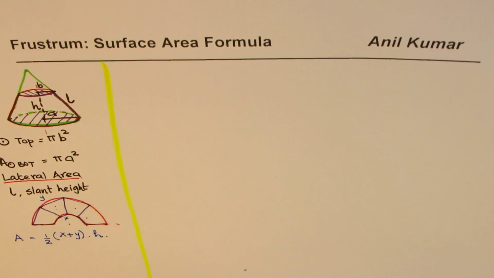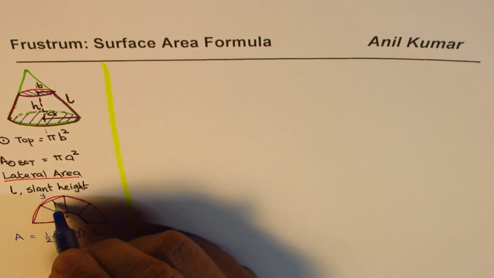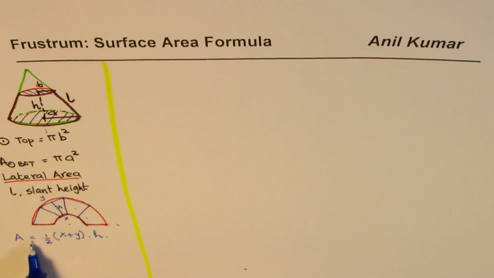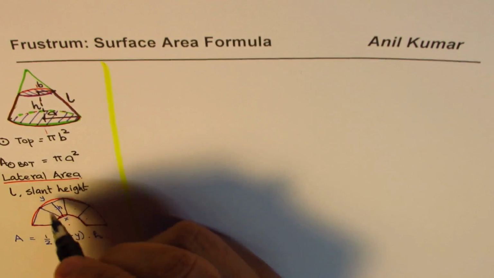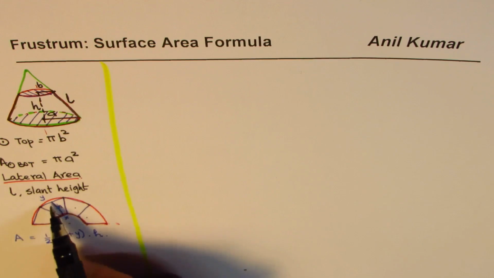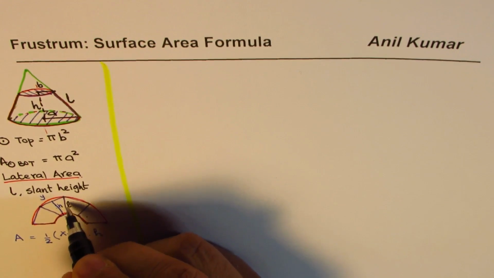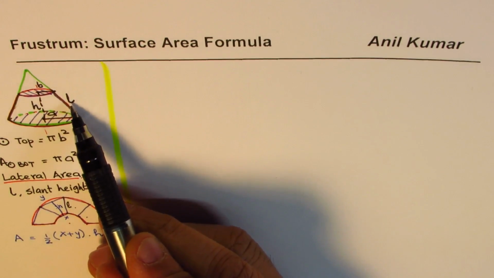So what is height in this case? Height is this portion. Okay, so that becomes the area of a trapezoid. Clearly, this height is the shortest distance between these two sides, and it is longer than our slant height.